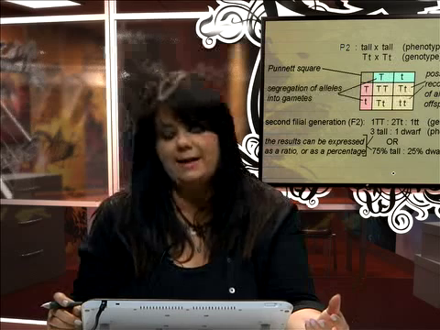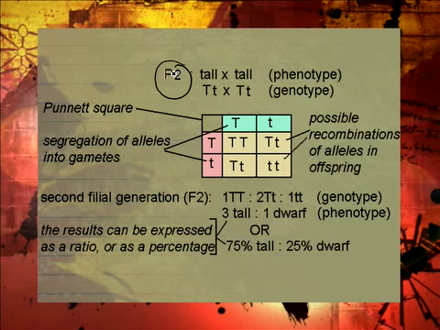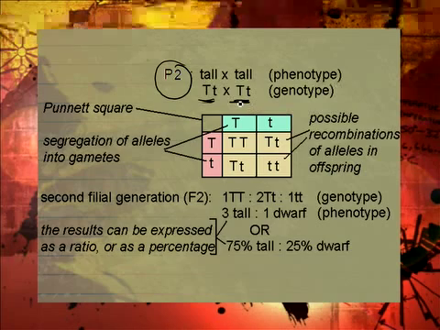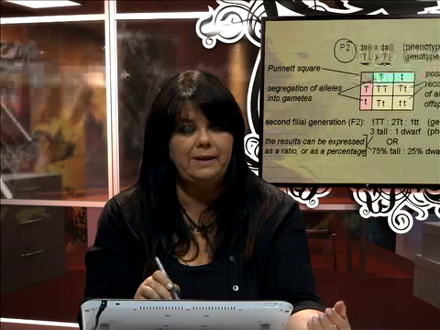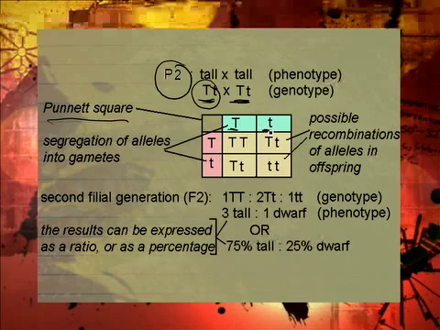Now you have to take that into the second parental generation, where you're going to do a self-cross. Your new parentals are going to be the old first filials, and you're going to draw your Punnett square again. You're going to take the one parent and segregate the alleles.